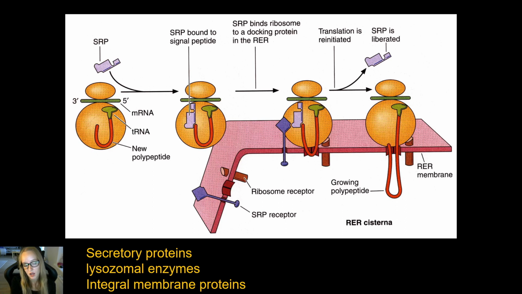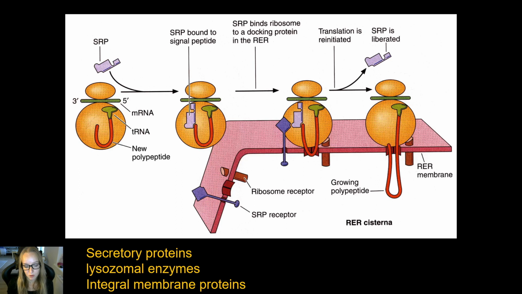These proteins are for the cell, and these are synthesized on the ribosomes that are not attached to the endoplasmic reticulum. But we have also other proteins like secretory proteins that we want to secrete, or lysosomal enzymes, which are very dangerous for the cell. So you can't have a lysosomal enzyme just floating around in the cell, because it will probably destroy something. So you need some kind of membrane around the enzyme to protect the cell.